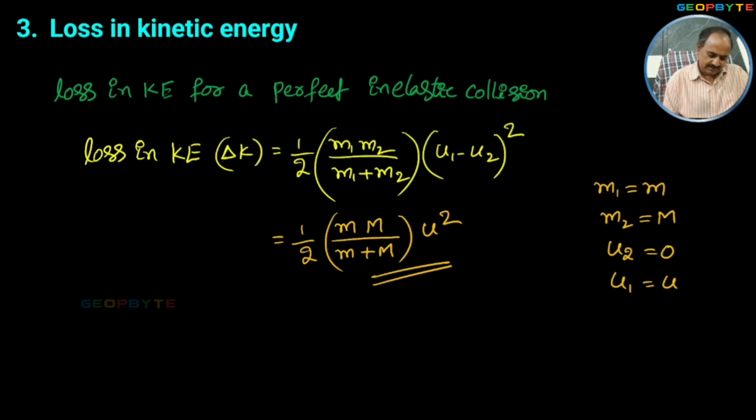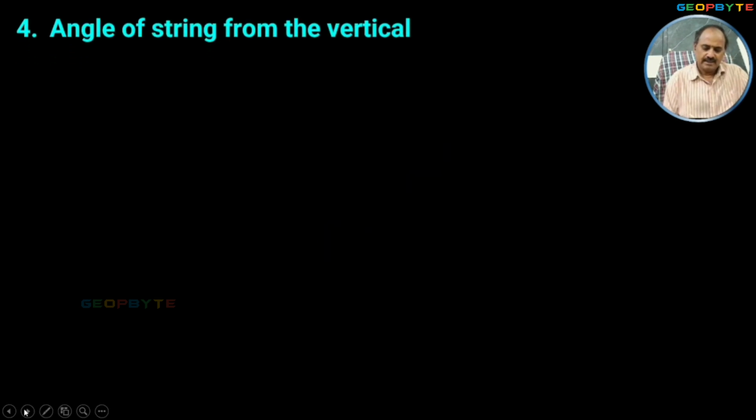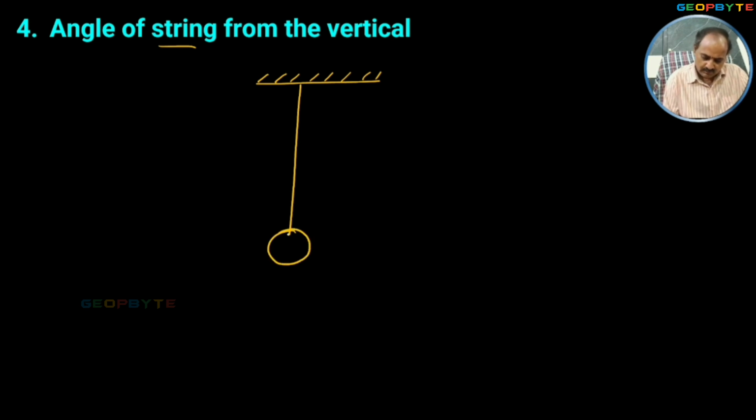Understood clearly? Yes. Then let us decide the angle of the string from the vertical. So here, this is the block of mass capital M. The bullet is firing and traveling with a velocity u with a mass m.